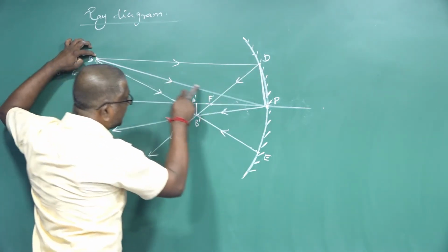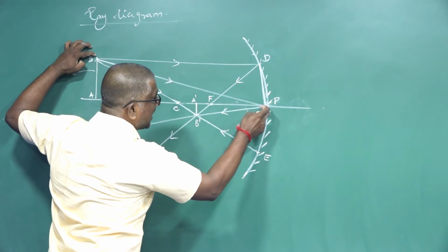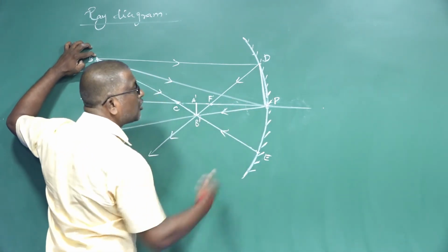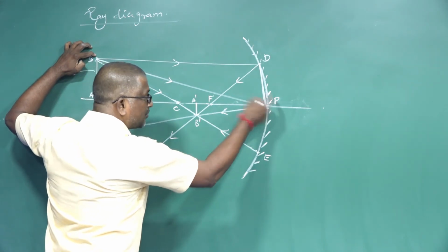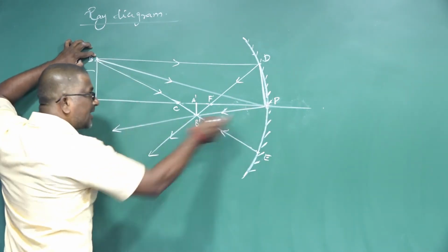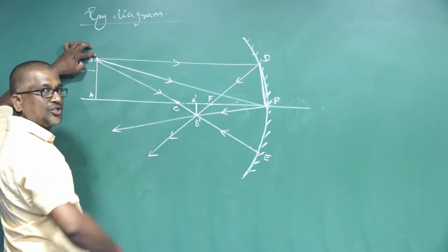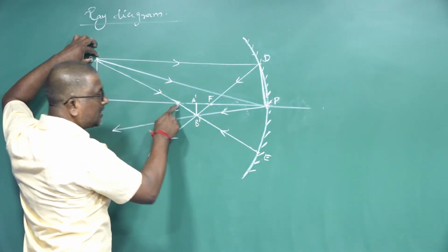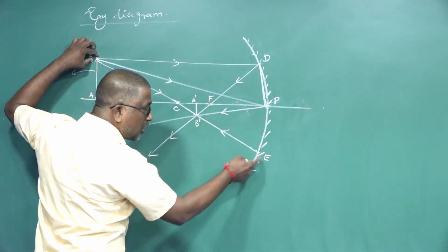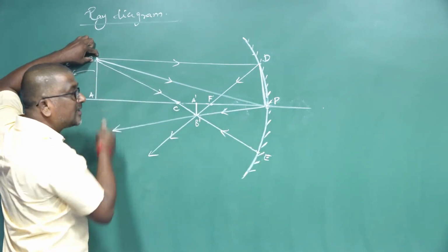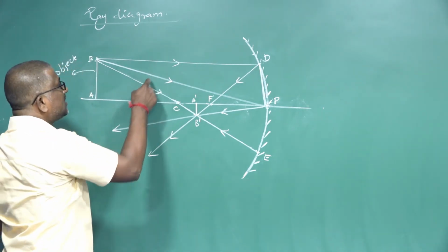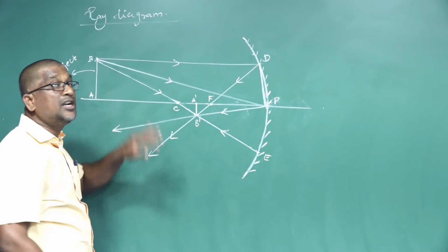The second, BP, travels towards the pole and strikes at point P; after reflection it travels along the PB dash direction. The third travels through the center of curvature and strikes the mirror at point E; after reflection it retraces its original path. These three paraxial rays are the incident rays.